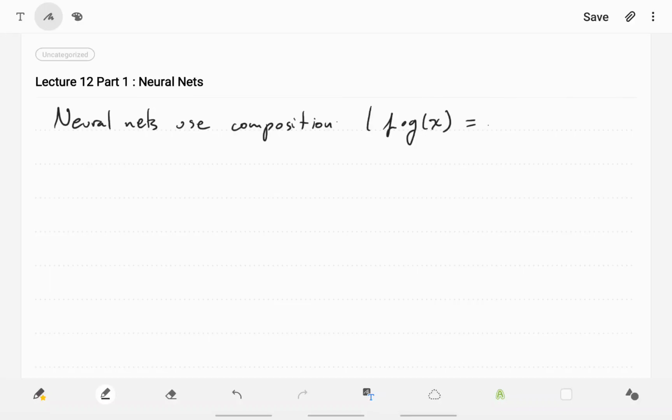When we compose two functions, that just means applying one after the other to the output of the other, to build nonlinear functions. So what does that look like?